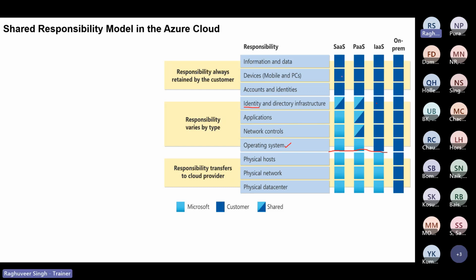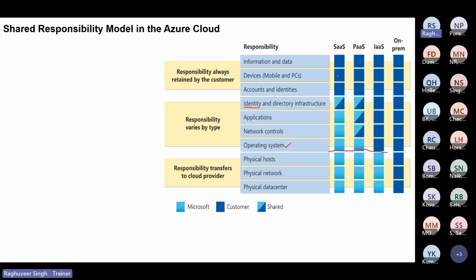Then comes devices and mobile. It's the customer's responsibility in all the service models, because the customer will not be forced by Microsoft to use only a specific brand of laptop, let's say HP, Dell, Lenovo, Mac, Apple. Customers can pick and choose any laptop and use Microsoft services. Mobile, same case. You will not be forced as a customer to only use Android based devices or iOS based devices or Windows OS based devices. It's your discretion.